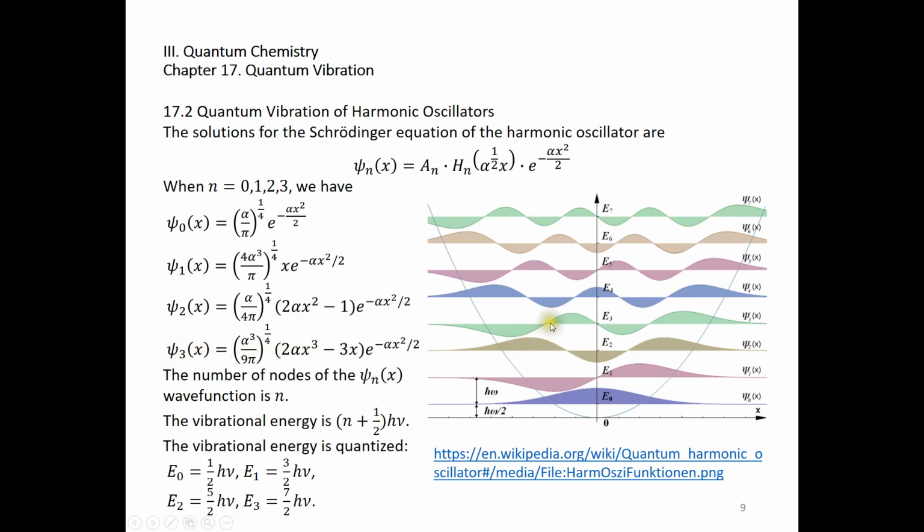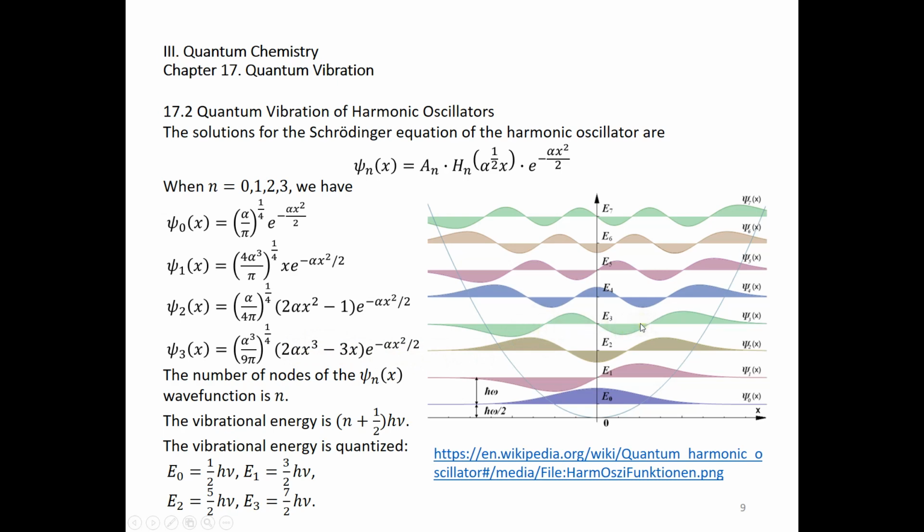Psi of 3, three nodes. Why is that? Look at this. The first node is when x is 0. Alright, and then two other roots, they correspond to plus minus the square root of 3 over 2 alpha. So I think they are here and here, three roots.